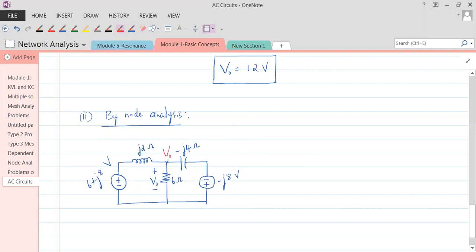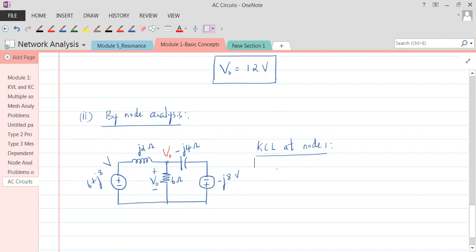V naught. How many currents? There are 3 currents, and all 3 currents are leaving, since there is no current source showing current entering. So KCL at node 1, let's say node 1 because there is just one node. What is this current? It is V naught minus this voltage divided by j2.